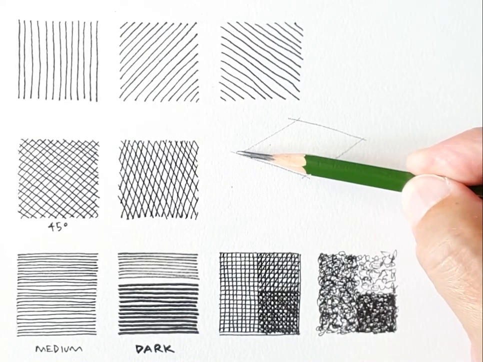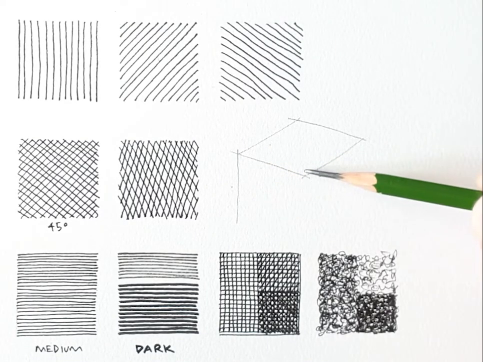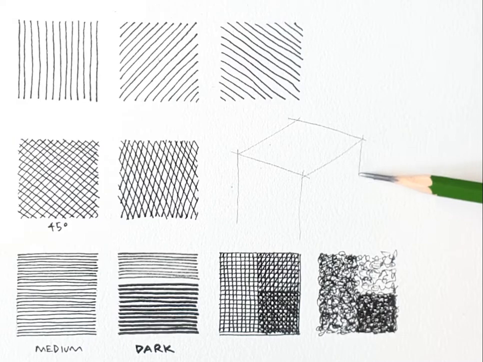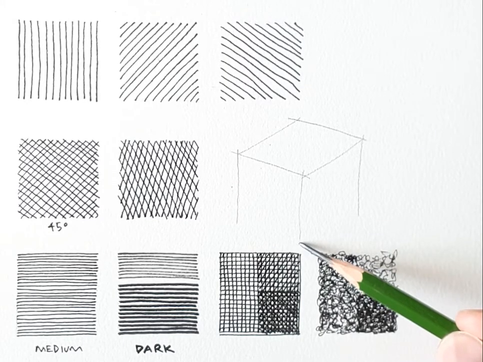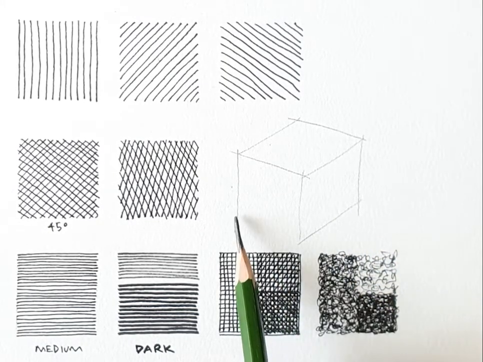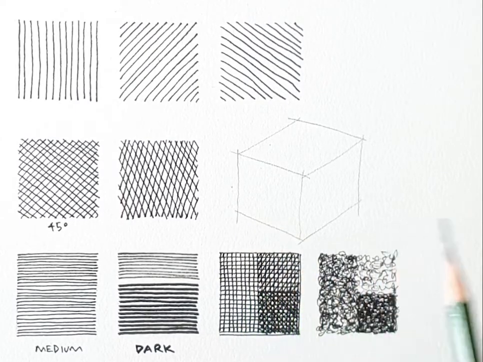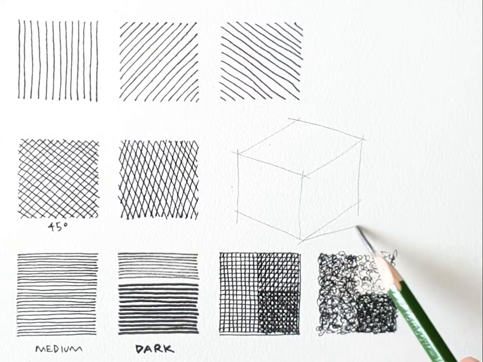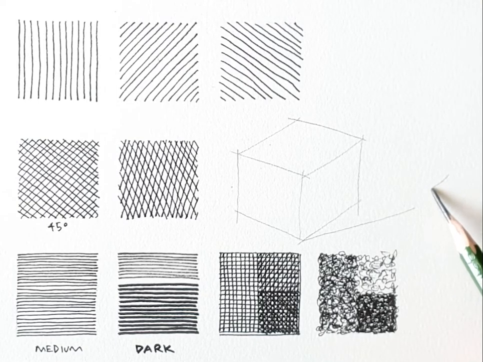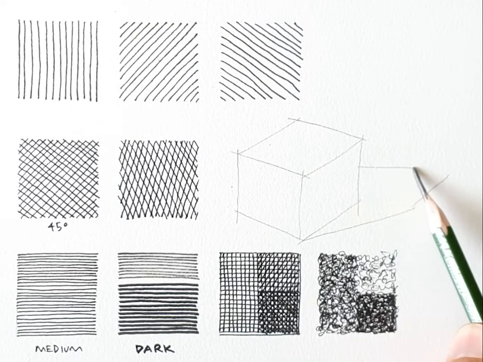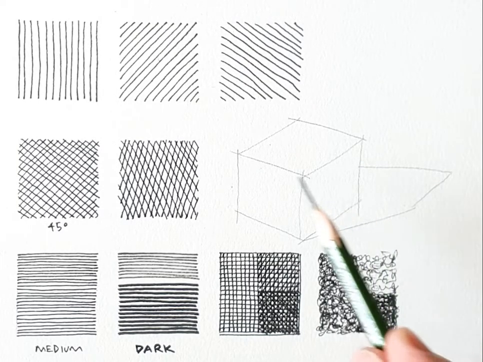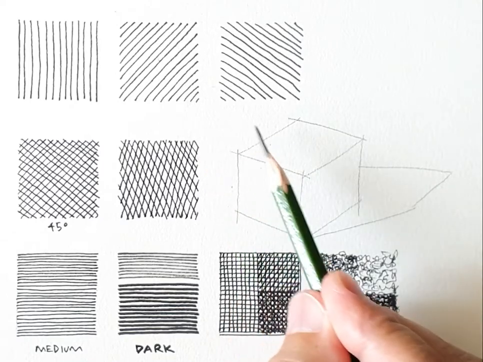So I'm creating a simple cube here with my pencil. And then we're going to fill up this cube with simple hatching and cross-hatching. So this will be the shadow. Right. So the light is coming from this way, and maybe starting from the top.